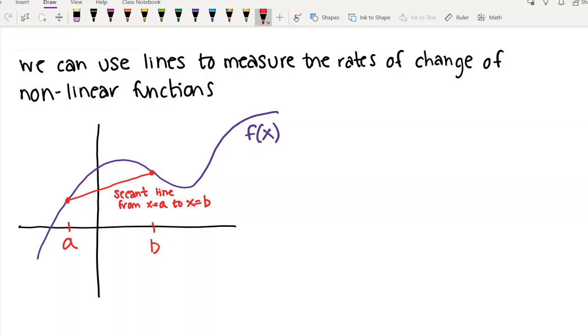So this is something that you actually talked about in pre-calculus. The slope of the secant line is going to tell you the average rate of change of your function between those two x values.